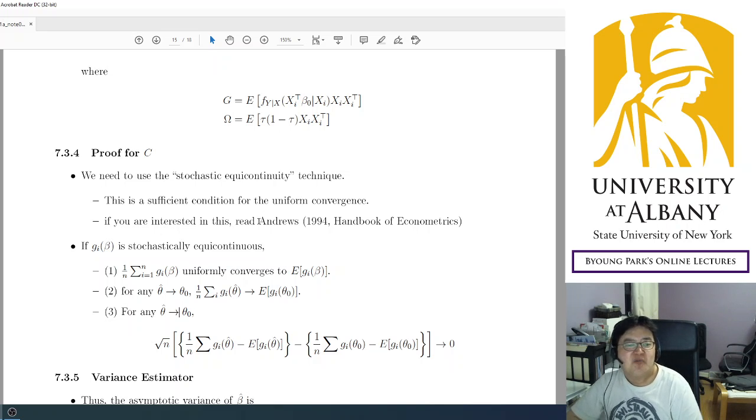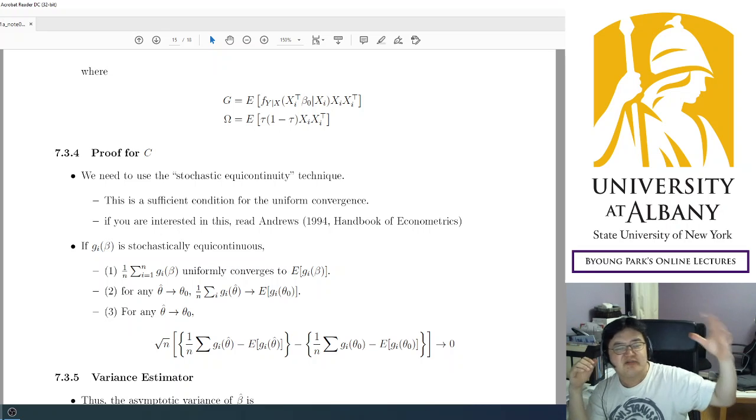But if you want to apply this theory, you may use this paper. In this paper, sufficient conditions are given for this condition. Don Andrews, who is also a professor at Yale, lists several different kinds of functions which satisfy the stochastic continuity.